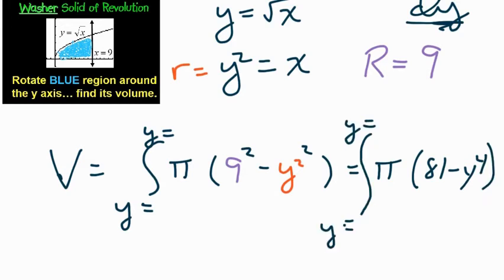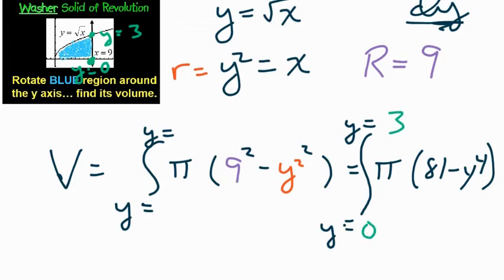Now let's talk about these y values. It's very tempting to look at this problem and say that maybe we're going to go from 0 to 9, but you see 9 is an x value. Your eyes want to be focusing more on the y values of your region, and especially this upper y value, which you could find by using a calculator or by thinking of the graph. That upper y value, 3, is really where I want to end.